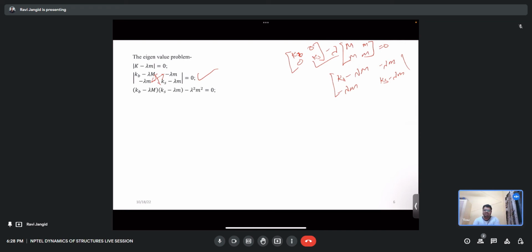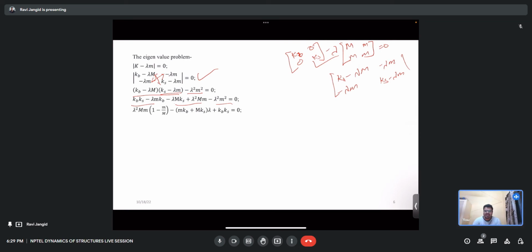If you write this, this becomes this, and the second term will become this. If you further solve it, there is not much to it: first Kb will multiply this term, and then lambda multiplies with this term, and this is the same. Now we are doing some mathematical manipulation, in which we can take some things outside, lambda square and lambda.